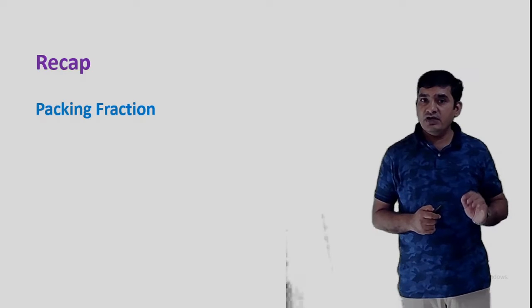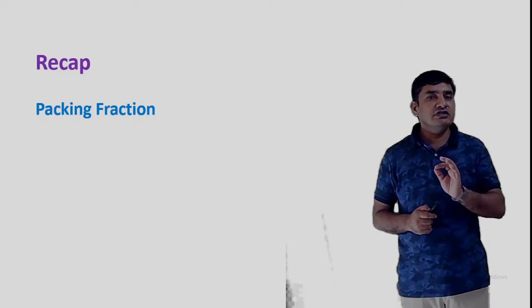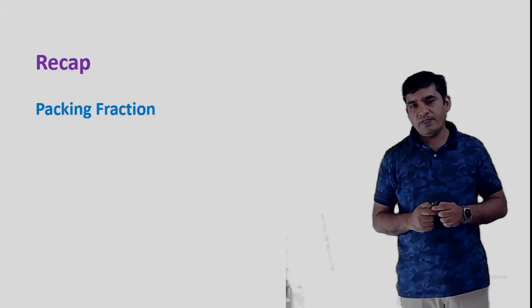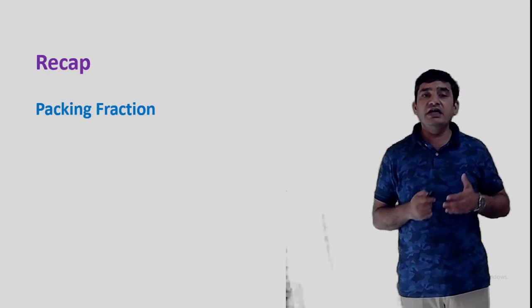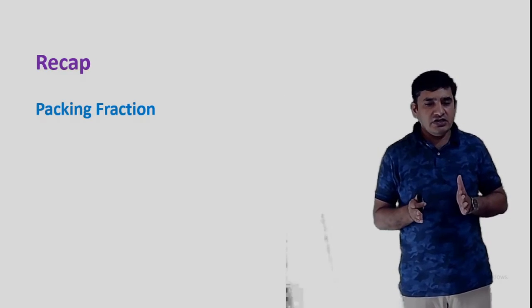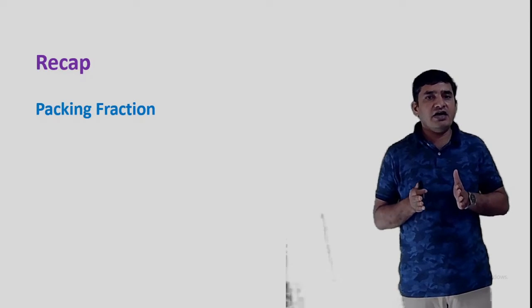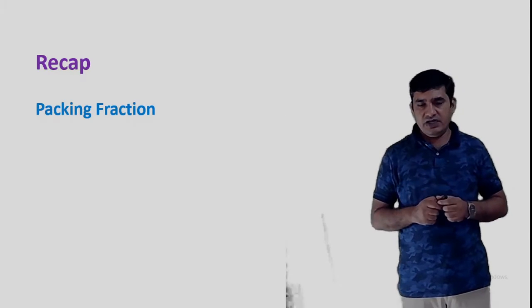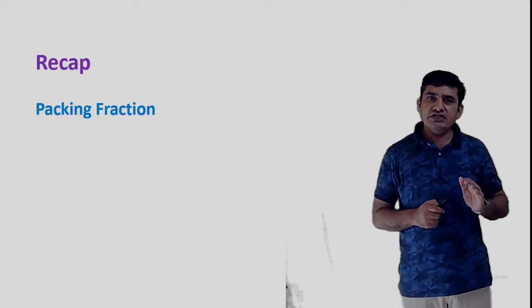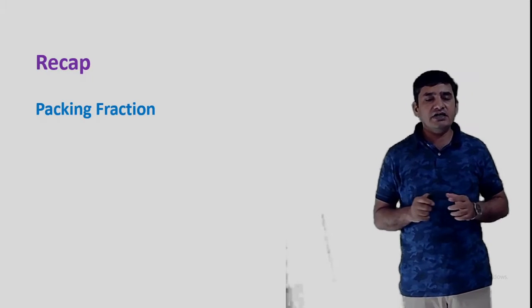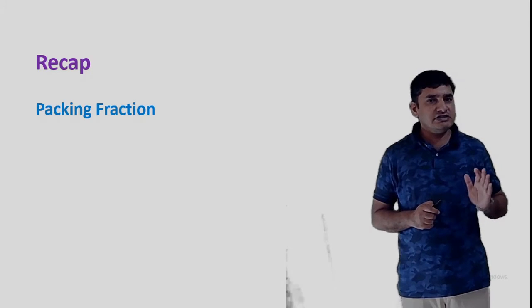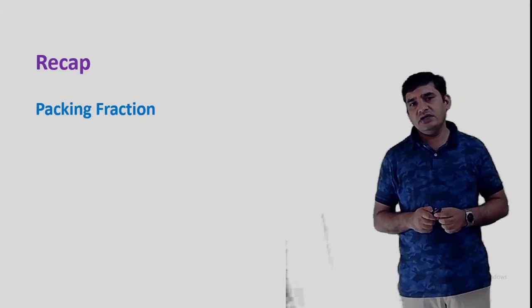For carbon, packing fraction is zero. If packing fraction is negative, it indicates that the atom has stable nuclei. If packing fraction is positive, it indicates that the atom has unstable nuclei.